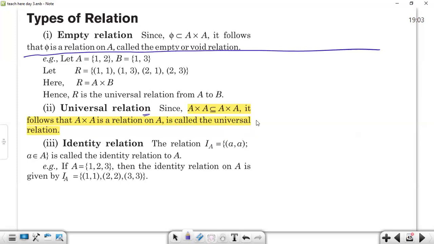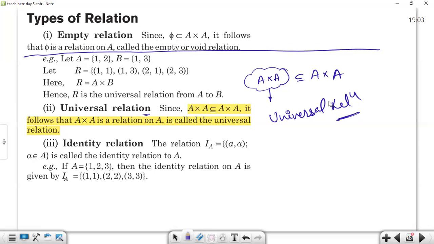Discussing the universal relation: if we have taken the Cartesian product of a set on itself only, and we take the subset of this complete Cartesian product, as we are discussing about this relation, then this will be known as a universal relation because the condition of equality exists here.